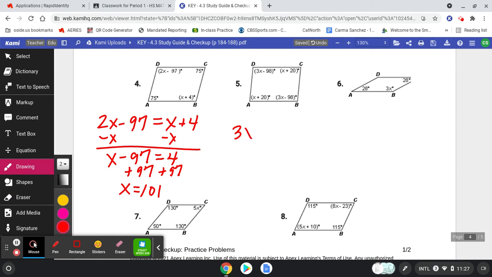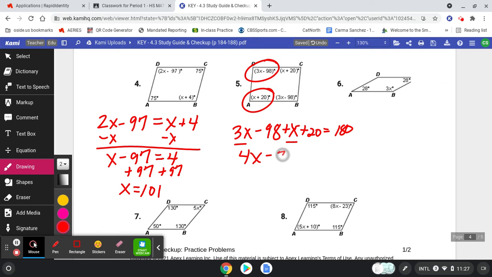So 3x minus 98 plus x plus 20 equals 180. I'm making these two add up to 180. The consecutive angles are supplementary. So 3x and 1x is 4x. Negative 98 plus 20 is negative 78.